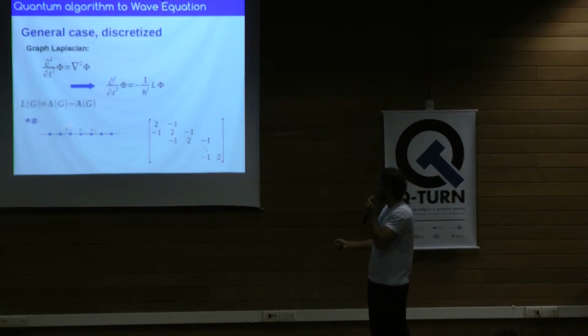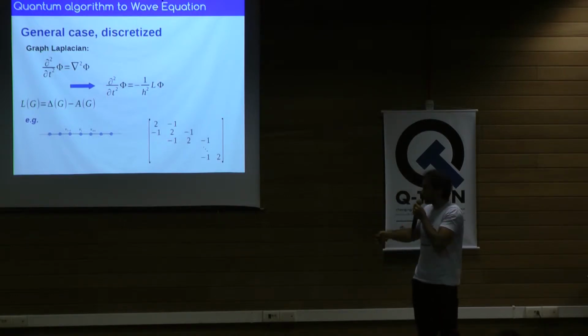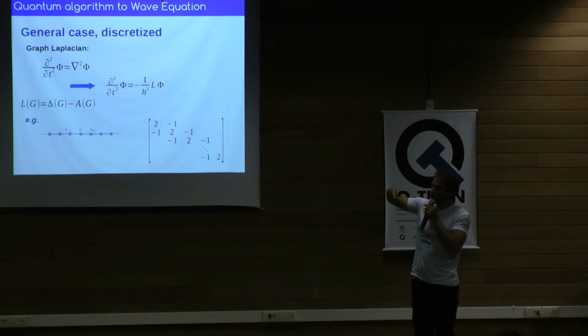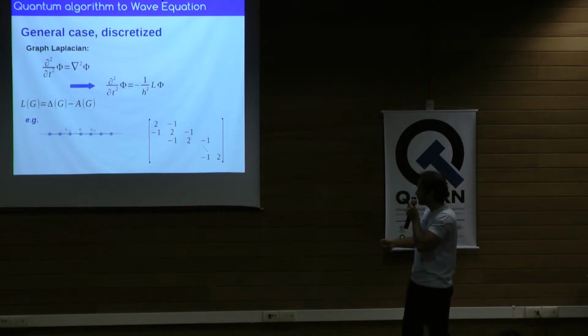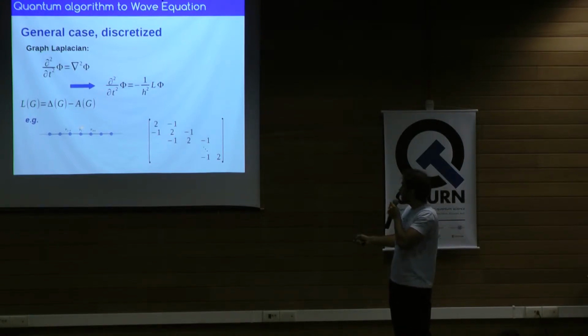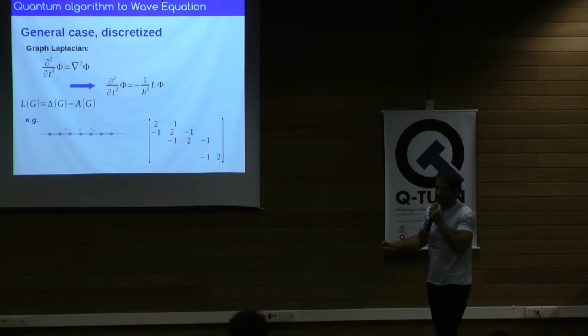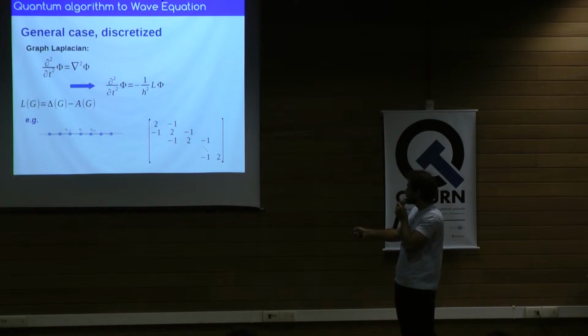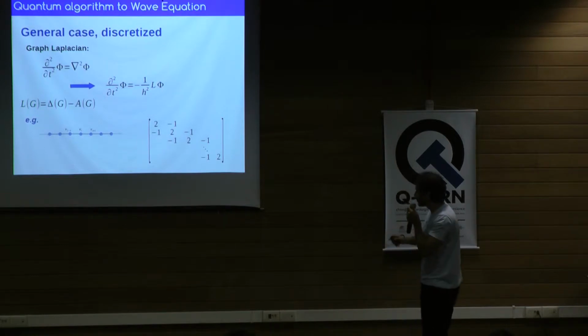We have this matrix, big delta, which is just a diagonal matrix that depends on the graph we're working with. It is a square matrix indexed vertex by vertex, and for each vertex you put the degree of that vertex. In this path graph, for instance, the degree is 2, which is the reason I have 2 here. And then you have the adjacency matrix of the graph. In this path graph, it is just 1 if the vertices are connected, and 0 if they are not connected.